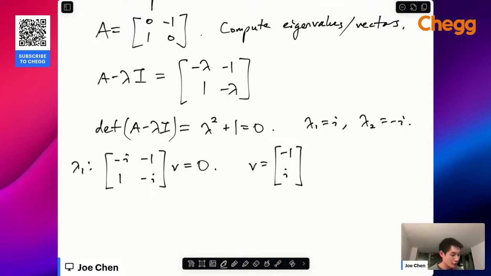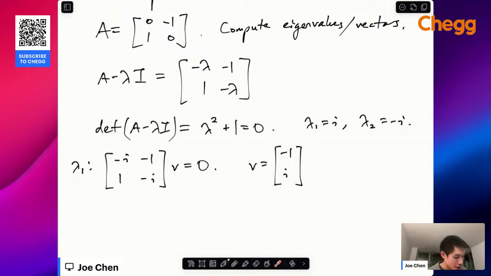And you can just check this. For the first row, you multiply entry-wise and you get i minus i equals 0.